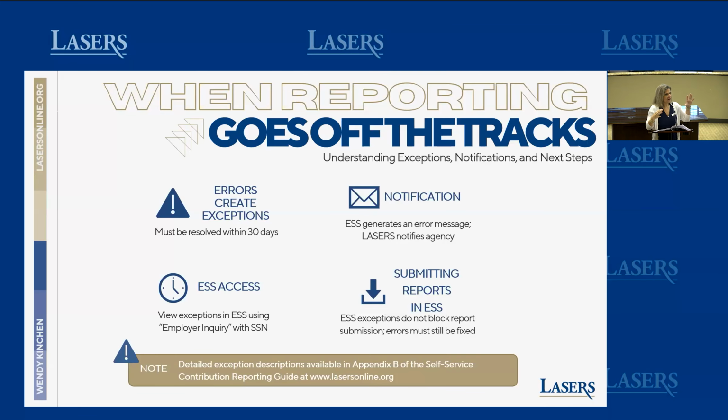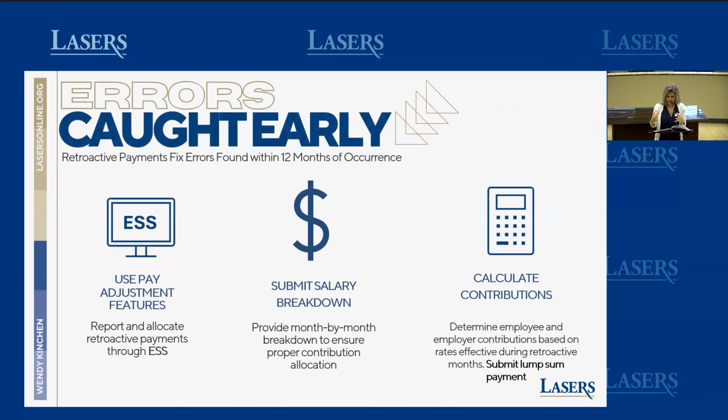We do have a detailed list and explanation of the exceptions in Appendix A on the employer self-service website. If you are payroll personnel who does reporting and you're not familiar with the exceptions, have quick access to that, so when you're notified by ESS, you can look up what that exception is telling you and correct it before it's ever submitted to us.